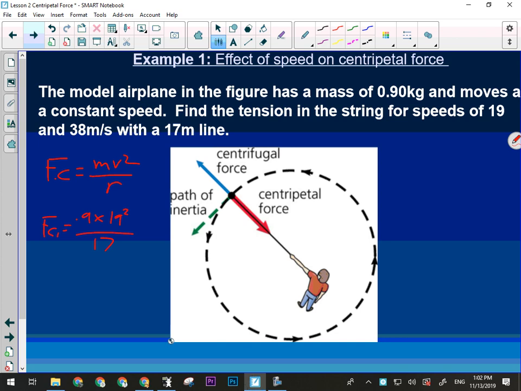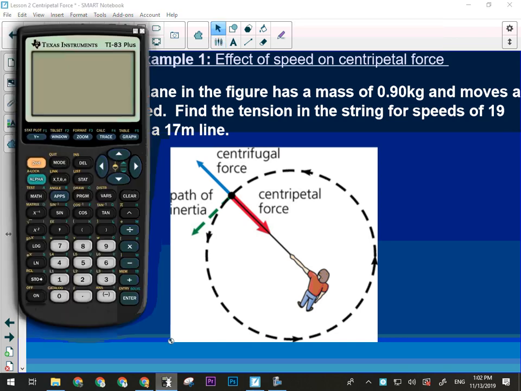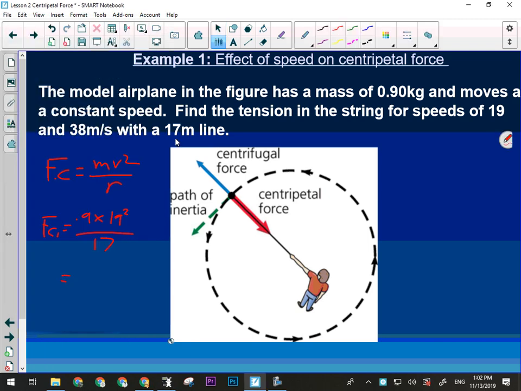So if we do that, 0.9 times 19 squared divided by 17. All right, so we're looking at 19.1 newtons worth of centripetal force.